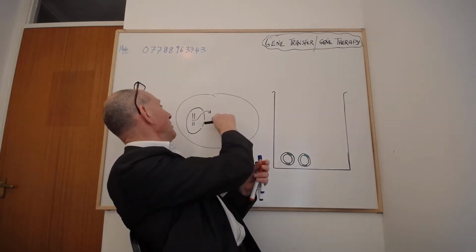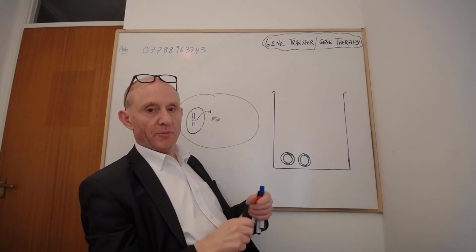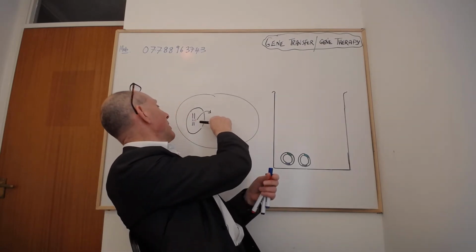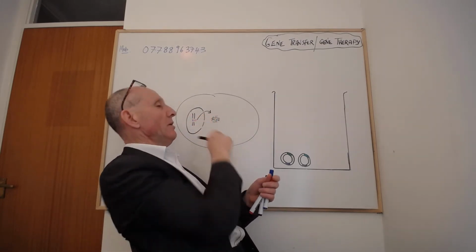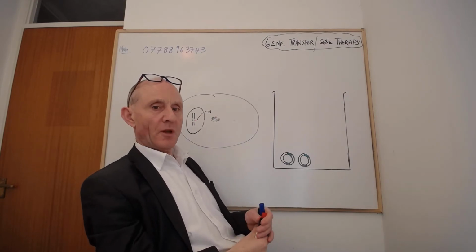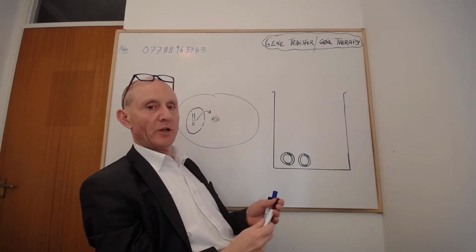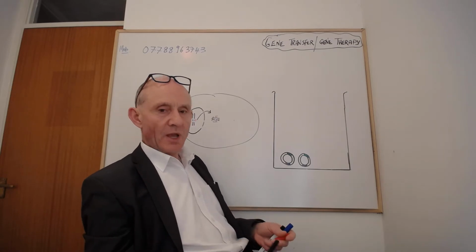So first of all, you use an enzyme called reverse transcriptase, and it will work you back from the messenger RNA to the coding strand, or the coding section of the gene. And that's the first mark.